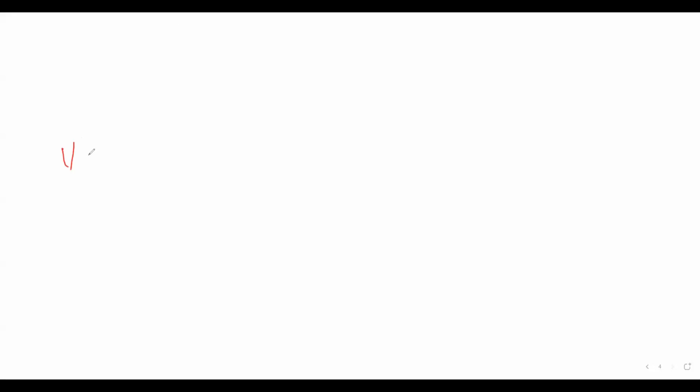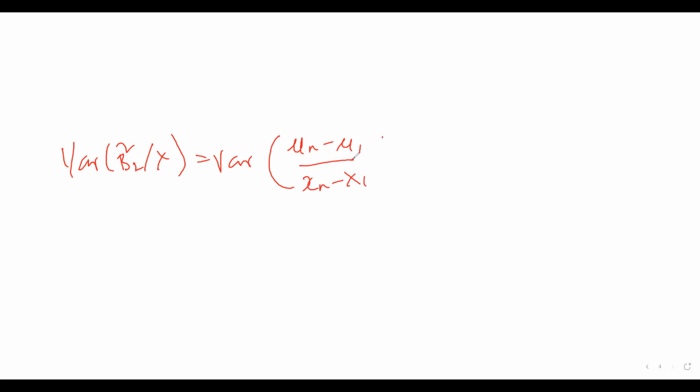So we have the variance of beta 2 tilde given x equal to the variance of un minus u1 all over xn minus x1 given x, right? So now, what is the variance of ui, for instance?